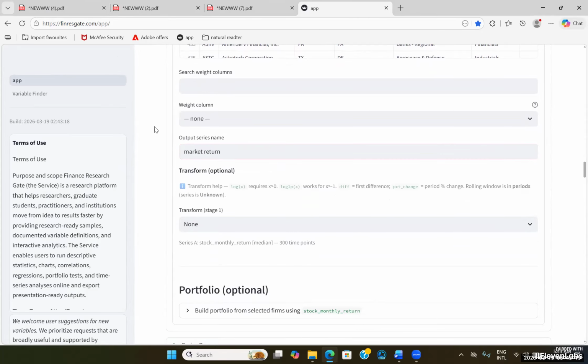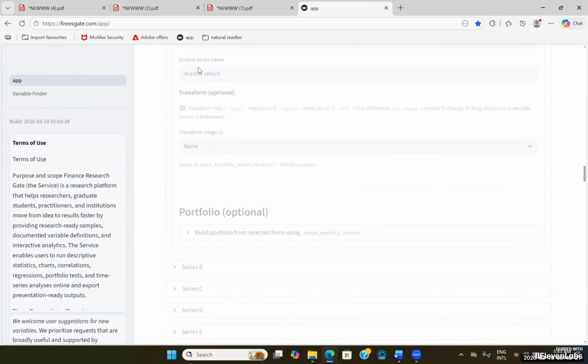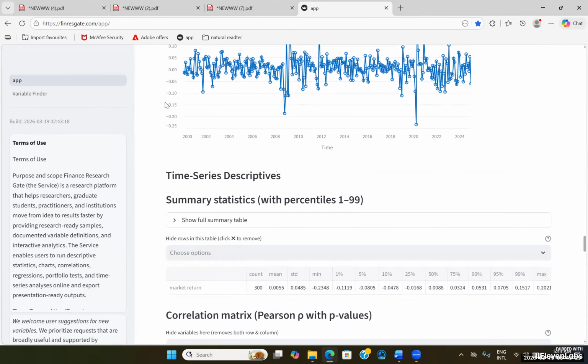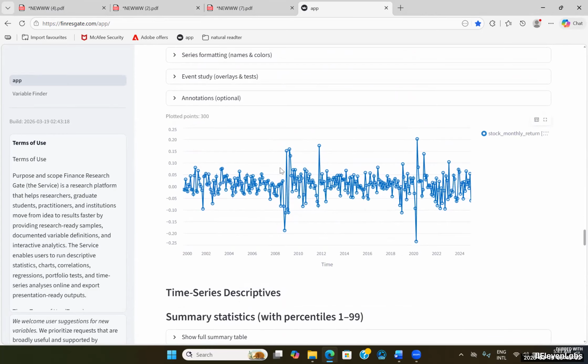And then we simply click outside of the box. It will take some time for the system to properly reflect the new name, or perhaps even to create a brand new variable using that specific name. And then, as we continue to scroll down the page, we are presented with comprehensive data for the market's monthly return. Upon closer inspection, it's quite clear that we can readily observe the significant degree of volatility that fluctuates around its average or mean value. Do you clearly see this prominent spike right here?